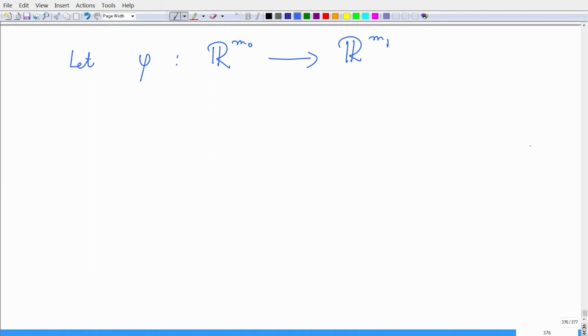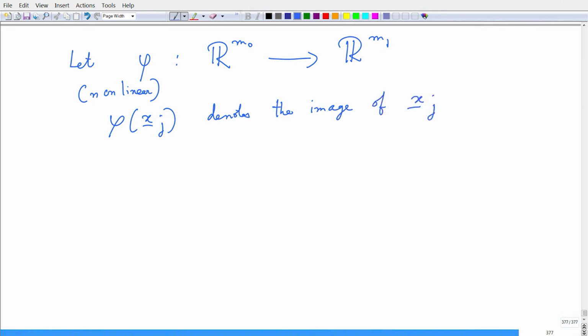So, phi is this transformation which is nonlinear, and phi of xj basically denotes the image of this vector xj induced in the feature space by the nonlinear map phi.